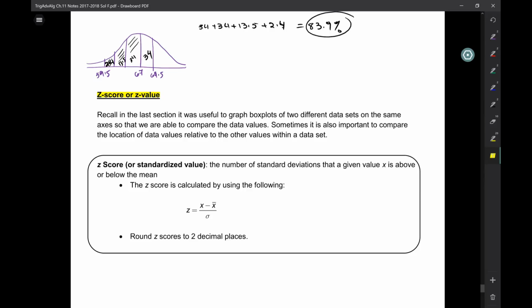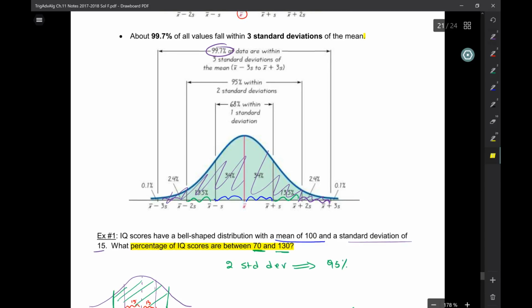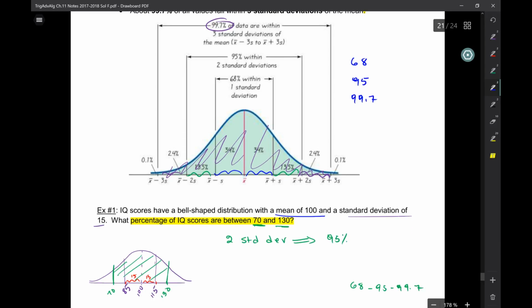Okay, so remember when we said box plots were easy to visually see what's happening? You just have to know the magic rule, 68, 95, 99.7, but all those numbers are half. So 68, half of those are 34 and 34.